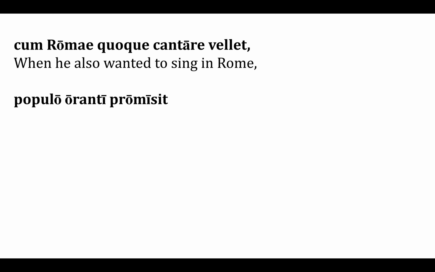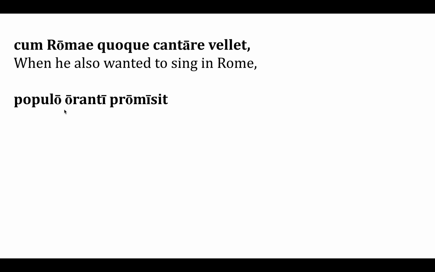Now, populo oranti. So populo is the people, orare is to beg, and you notice with the nt here that this is a present participle, so it's the people begging, and the people here must be dative or ablative. So the question is, why is it dative or ablative?